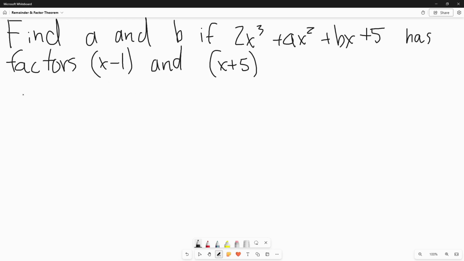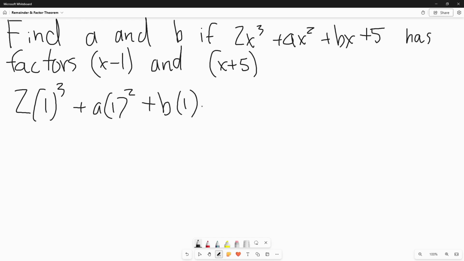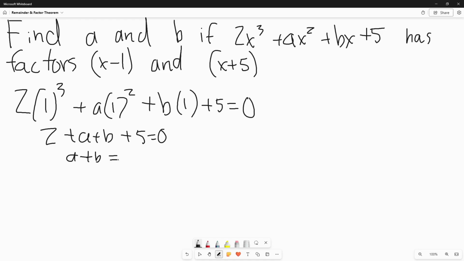So first let's do 2 times 1 cubed plus a times 1 squared plus b times 1 plus 5 equals 0. And we get 2 plus a plus b plus 5 equals 0. So a plus b equals negative 7.